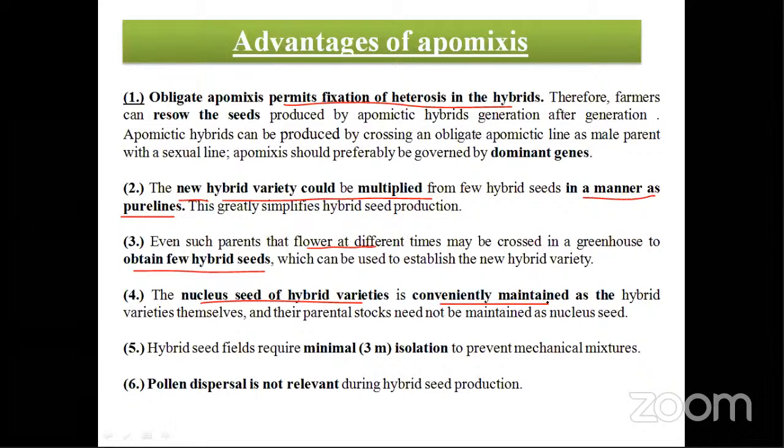Why? Because here there is very little chance of impurity, because whatever the cross pollination or self pollination condition is, there will not be any sexual progeny unless it is facultative type. If it is obligate type, seed multiplication is a very easy task. And here there is no need to maintain the isolation distance also. Pollen dispersal is not at all relevant.